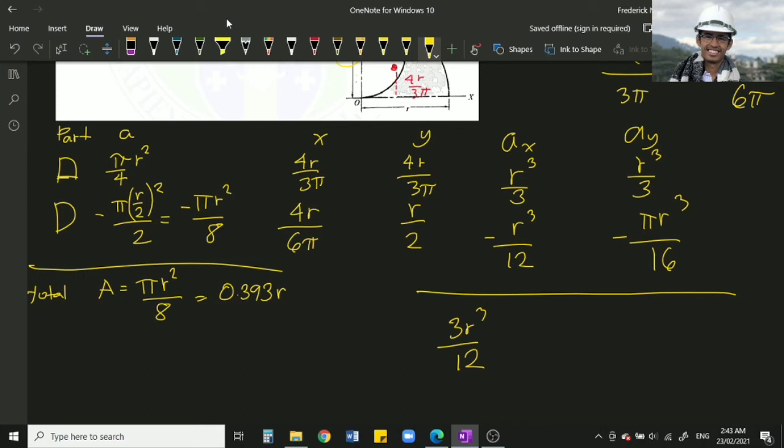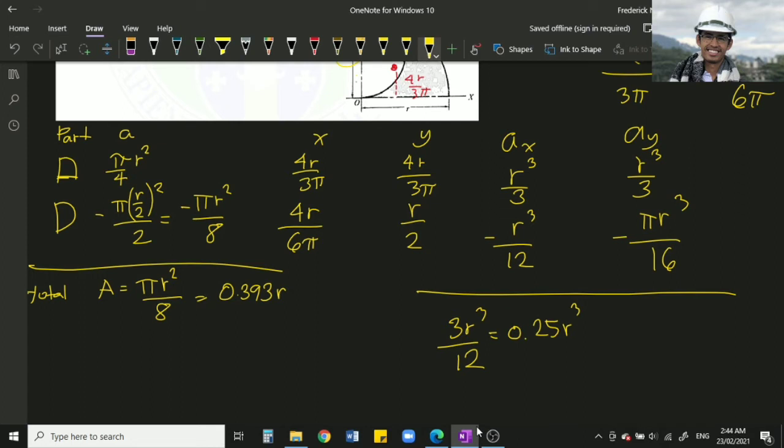Or this will be 1/4, or let's just convert it to a decimal. So, this will be equal to 0.25 r cube. So, 1/4 is equal to 0.25. And for r cube, for ay, the summation of ay, so that will be 1/3 minus pi over 16.